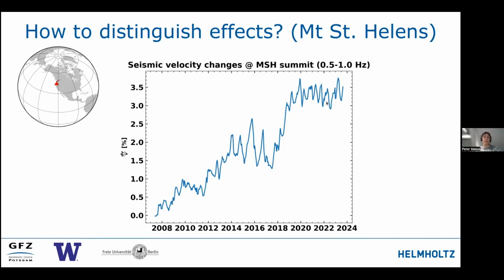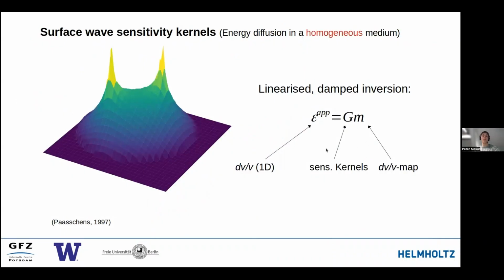So here for Makus and Helens, I've tried something different. Instead of just looking at these 1D curves, I tried to look at this velocity change on a map. So this works in the following way. Given we have two stations, we can compute one of these sensitivity kernels.